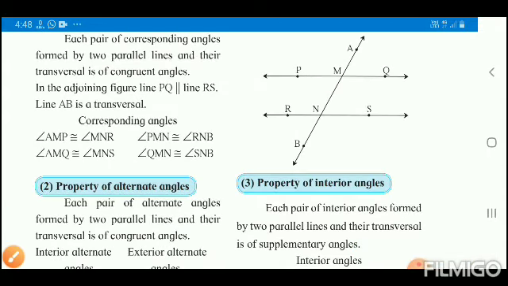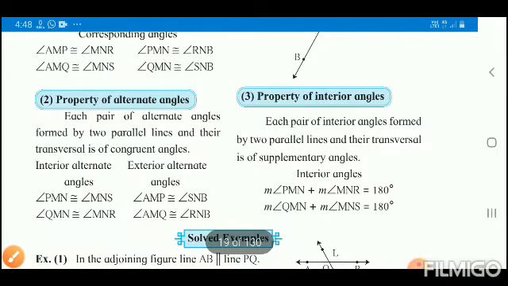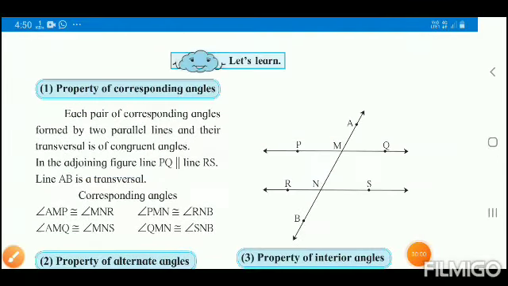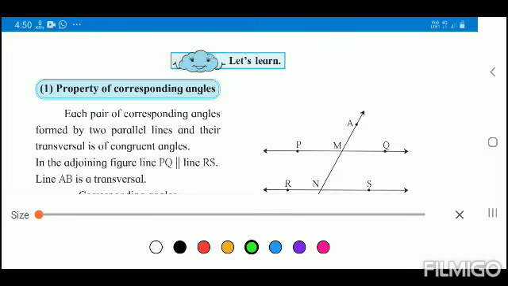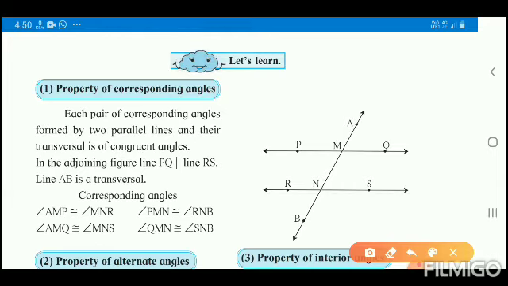Now we will see the interior alternate angles in the figure. These are angle PMN, means this angle. It's congruent with another interior alternate angle, MNS, means this angle. Okay.